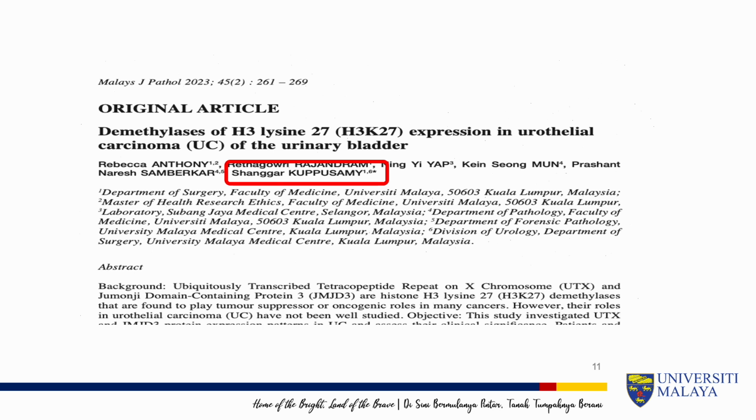This is especially important because, for example, if you go over to the UK and let's say you work in an institution and you are lucky enough that a paper is published in the institution that you are working in, you must convince your team to include UM or UMMC as one of your affiliations on top of the affiliation of the institute that you are working in.